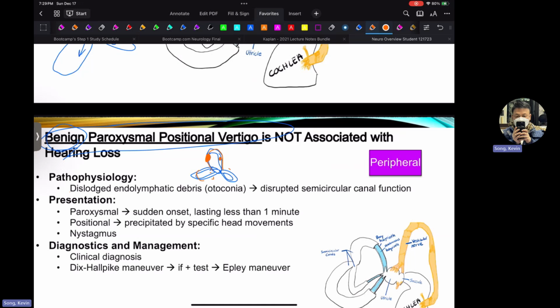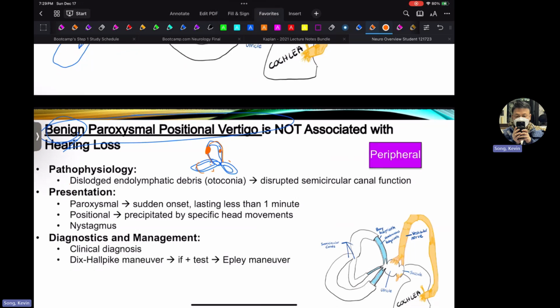Okay, so what's important is this thing. Oh, my pen was out of battery. Anyway, I can write in here. The problem is this thing. The Dix-Hallpike maneuver or the Epley maneuver. Those two are the maneuvers that resolve this within like 2 minutes.